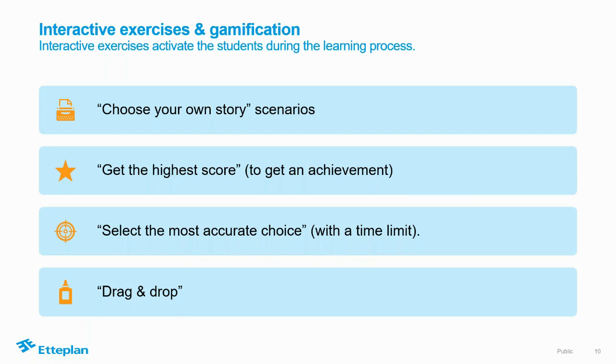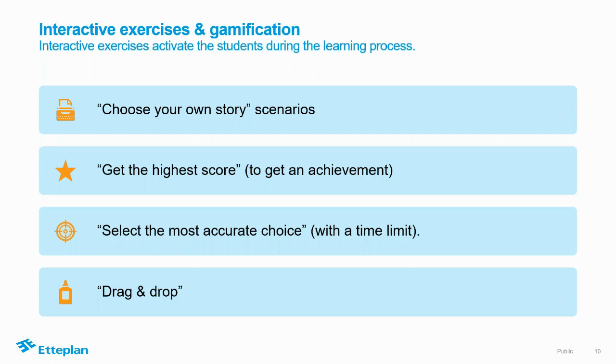Instead of just reading, watching, or listening to the material in silence, interactive learning methods ask the student to engage with the learning material. This engagement is proven to enhance the quality of learning and increase the student's ability to retain and reuse the new information. Here you can see some examples of interactive exercises or even gamification.